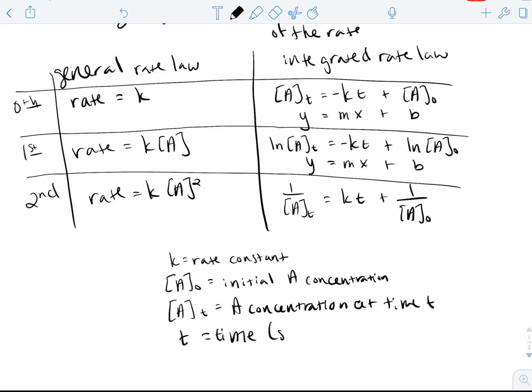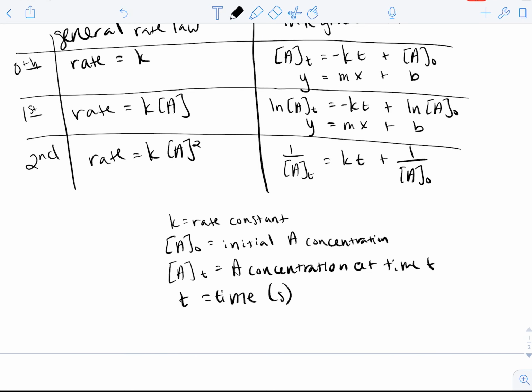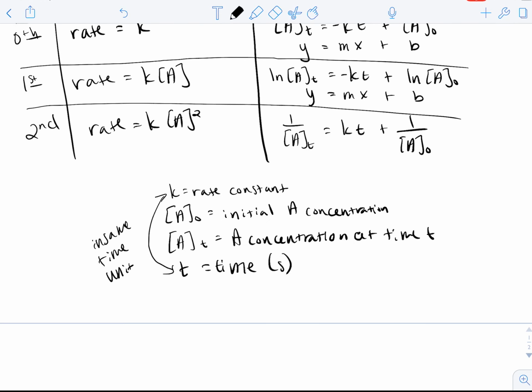Generally in seconds, but we need our k and our t to be in the same time unit. So if k happens to be given in minutes, we need our time to also be in minutes.